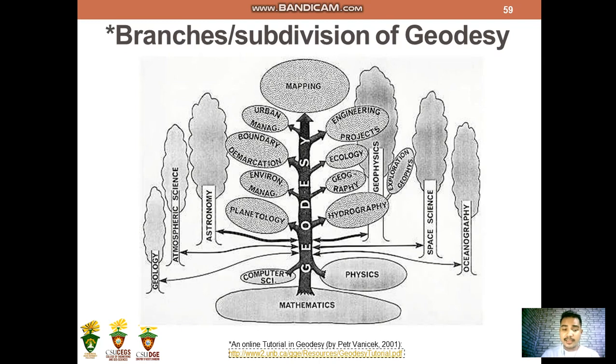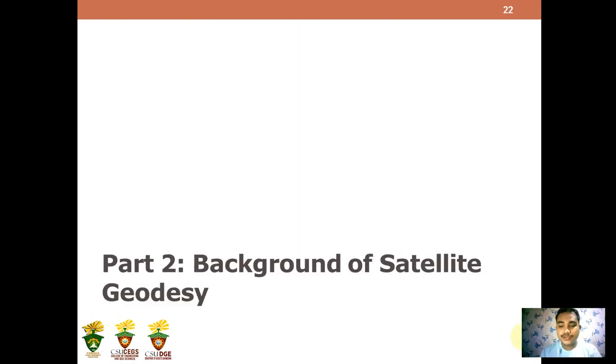And also, it has interchange or related sciences such as geology, atmospheric science, astronomy, geophysics, space science, and oceanography. So we are now in part 2, which is the background of satellite geodesy.